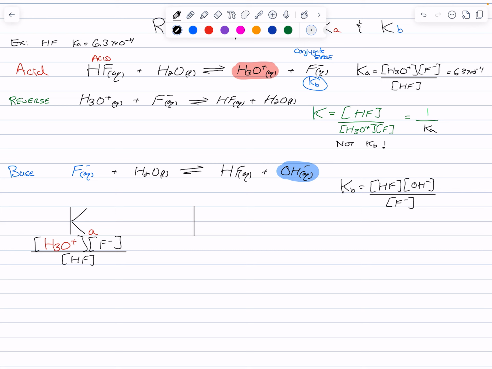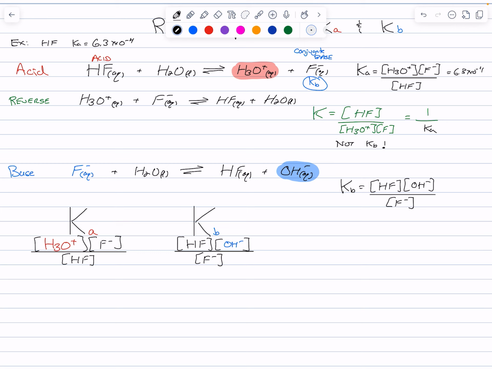And we're going to have Kb. Kb's expression is the concentration of hydrofluoric acid, the concentration of hydroxide, all over the concentration of fluoride.